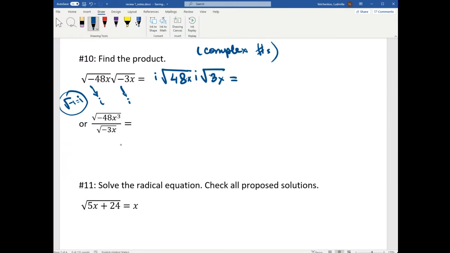Then we can multiply i times i, getting i squared. We can apply the product rule and write the numbers under the same square root: 48x times 3x. i squared is -1.